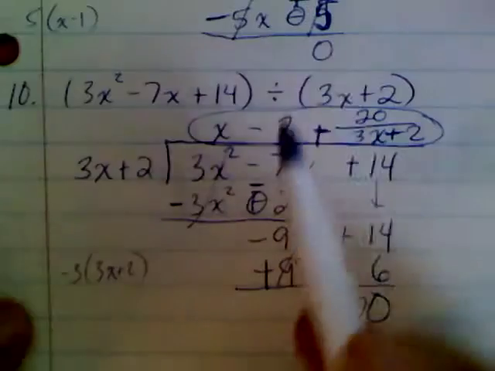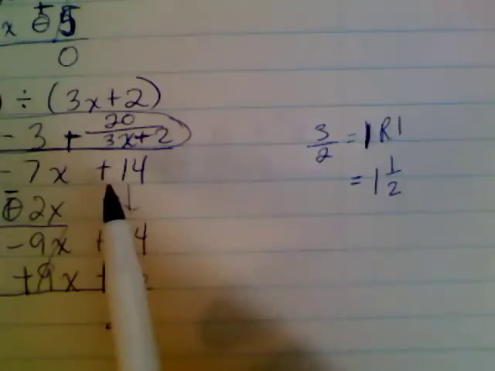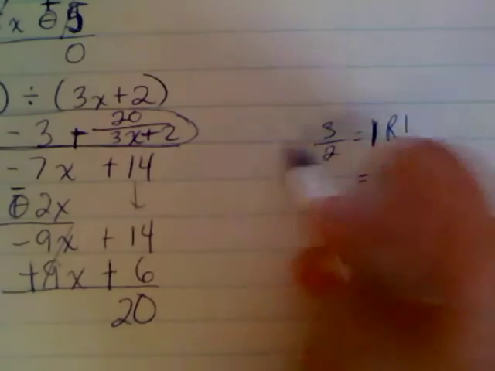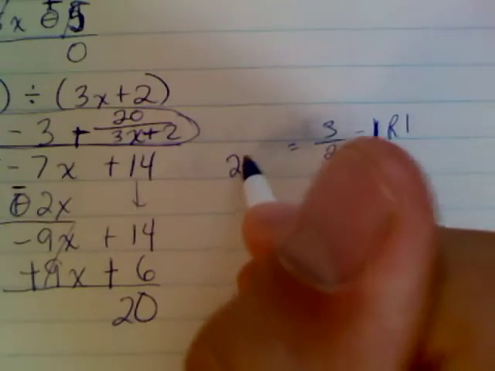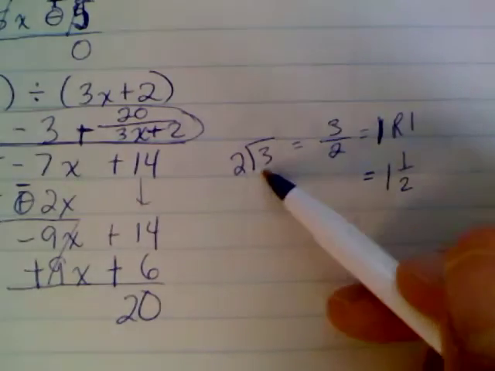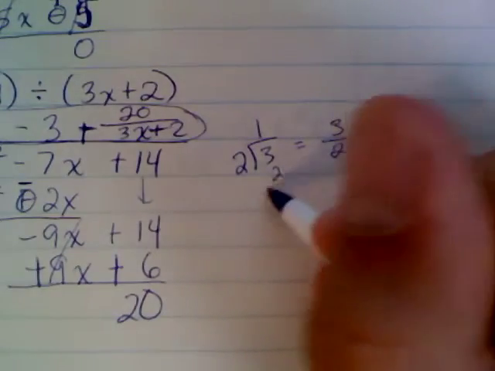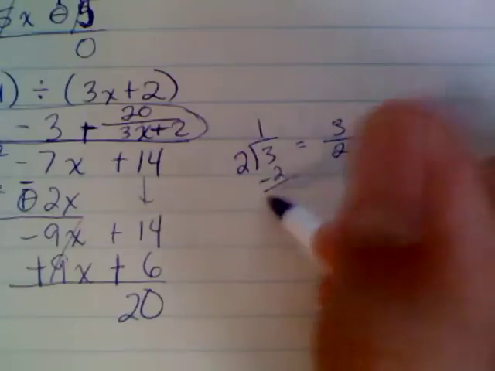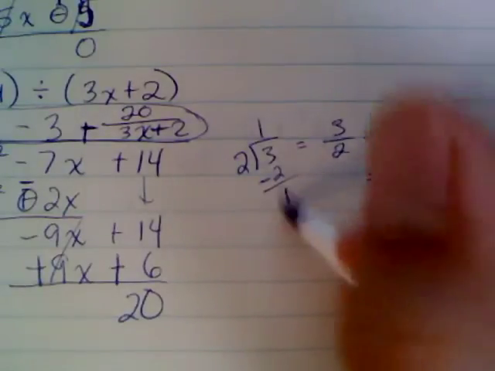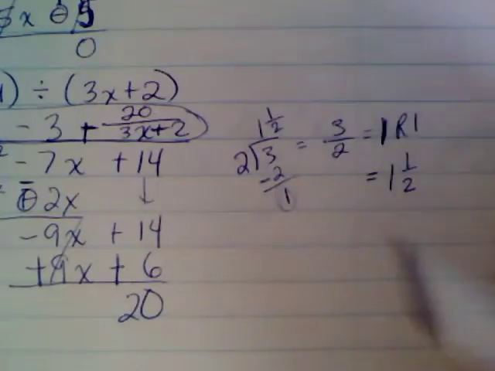That 2 in the denominator, this 3x plus 2, is actually in the denominator. I guess it might be easier to look at if I wrote it like this. 2 goes into 3 one time. 3 minus 2. Draw the line, change the sign. 1. Here's my remainder. 2 goes into that 1 and 1/2. I think you remember that from grade school.